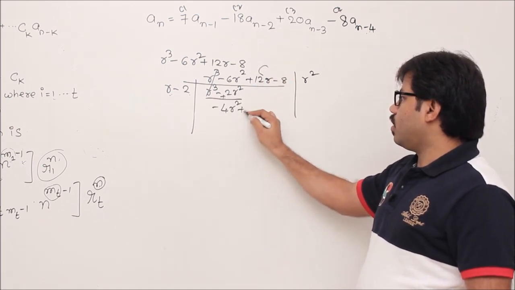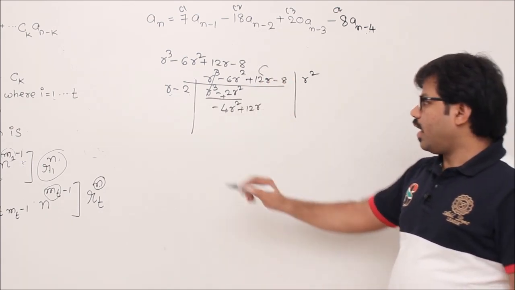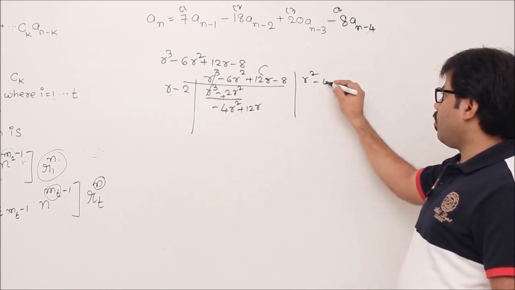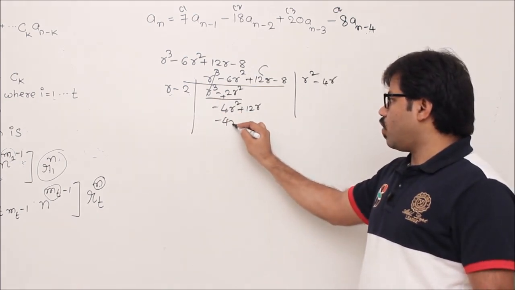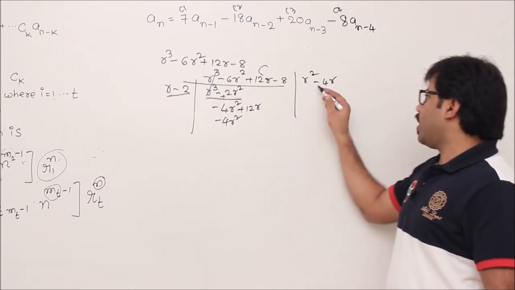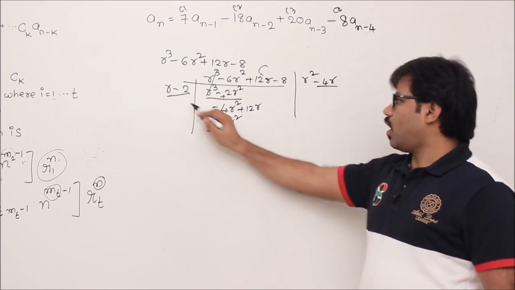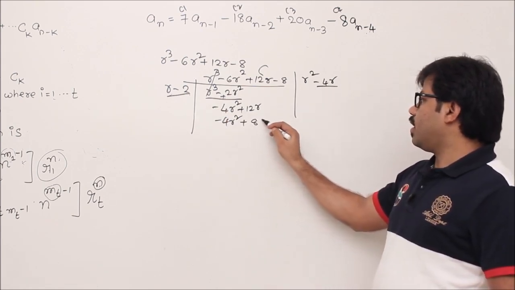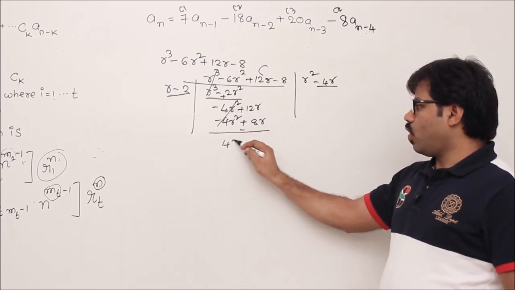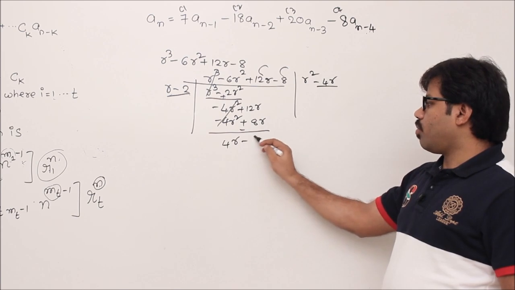Then take this one, 12 r. Again the same thing, r into minus 4 r is minus 4 r square. That's why multiply with minus 4 r. Automatically r minus 2 into minus 4 r would become minus 4 r square plus 8 r, correct? Then this will be cancelled. If I subtract, you get 4 r. Then take this one, 4 r minus 8, right?